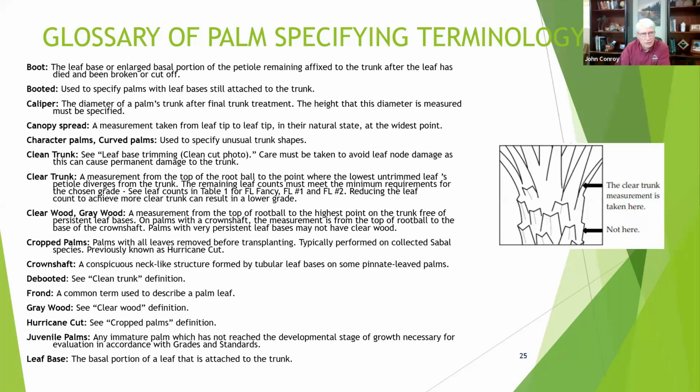Debooted, that's just the same thing as clean trunk. Clean trunk needs to be done carefully, as we talked about a minute ago. Frond, that's the same thing as a palm leaf. Gray wood, clear wood, same thing. Hurricane cut, another redundancy. So we've tried to make sure that there's no confusion between those terms. Juvenile palm, this is something that we've kind of dealt with over the years in the reforming of the grades and standards.